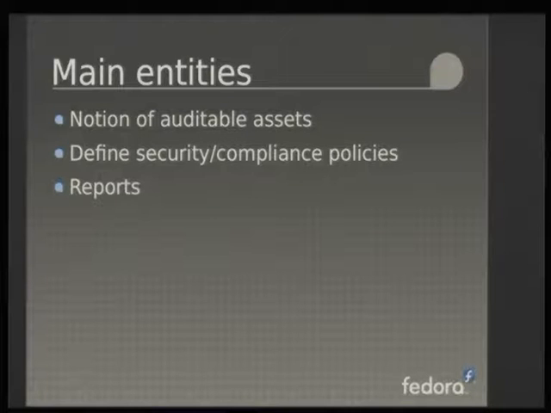And then policies, which is really something very generic. It's some policy which needs to be applied, and then there are reports that are coming from assets. So an asset can have many policies, policies have many assets, and reports come for one policy and one asset.